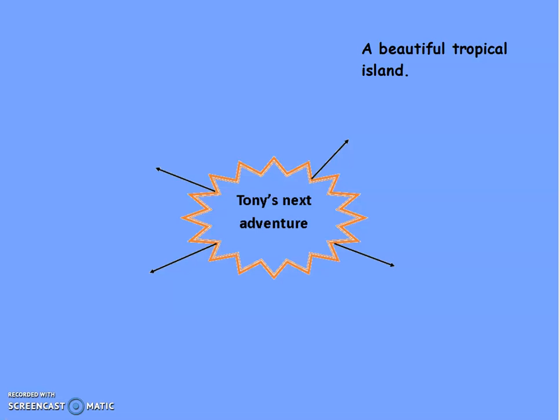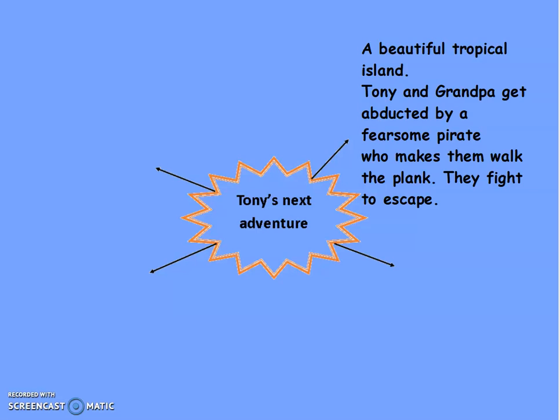Now I've got my setting, I need to think about what the adventure is going to be. What is the problem? And how do they solve the problem? And my brainstormed idea is that Tony and Grandpa get abducted by a fearsome pirate who makes them walk the plank, and they have to fight to escape him.